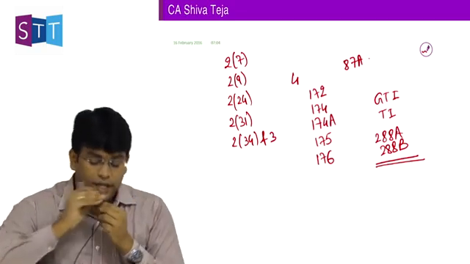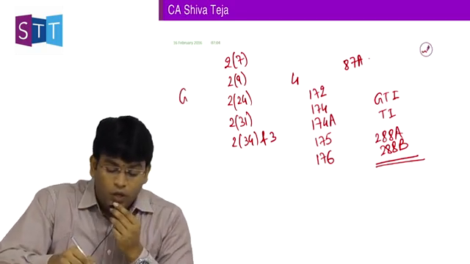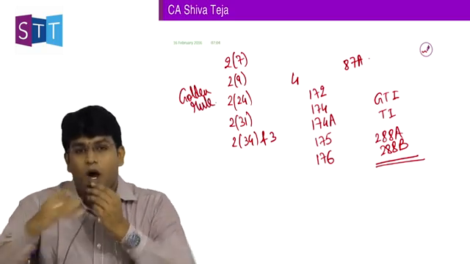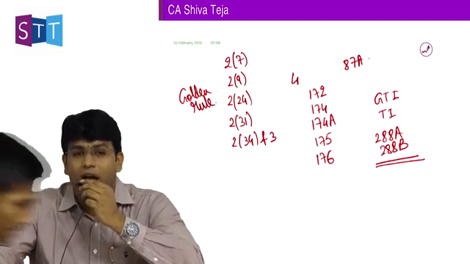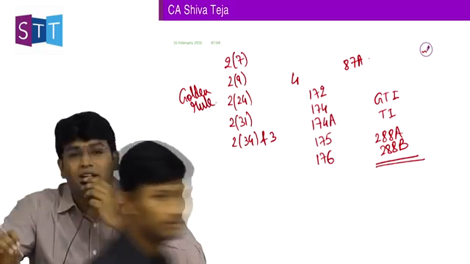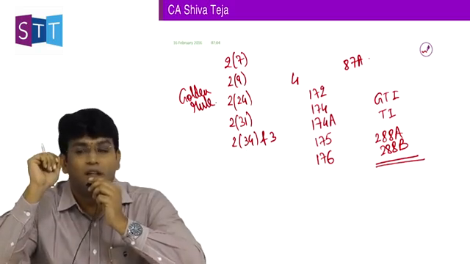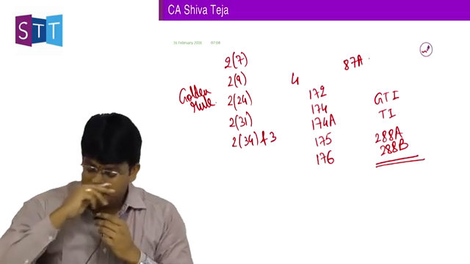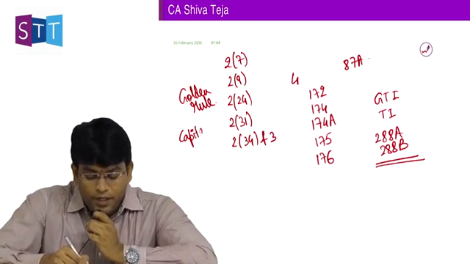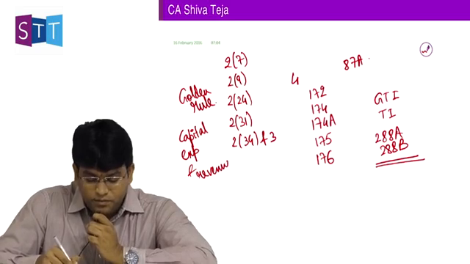Next, we also discussed the golden rule of income tax. The golden rule says all revenue receipts are taxable unless they are exempt. All capital receipts are exempt unless they are taxable. Next, we also spoke about the difference between capital expenditure and revenue expenditure.